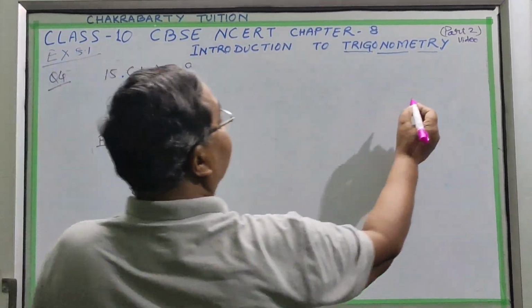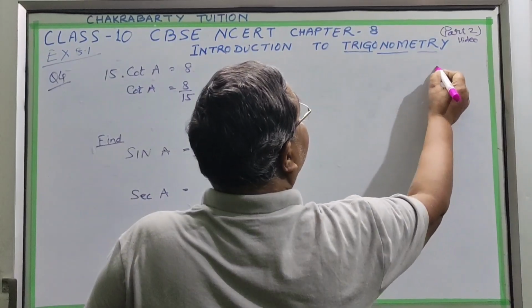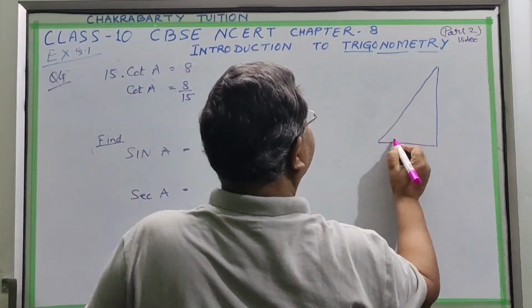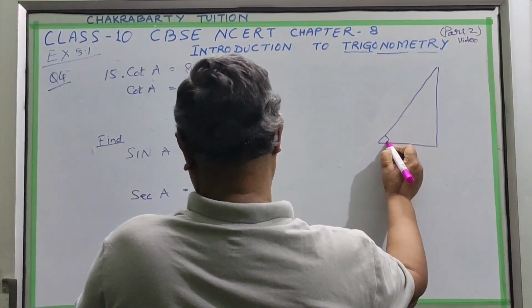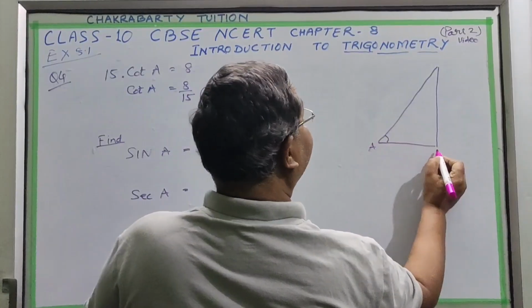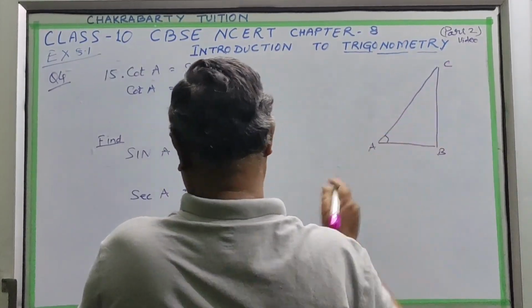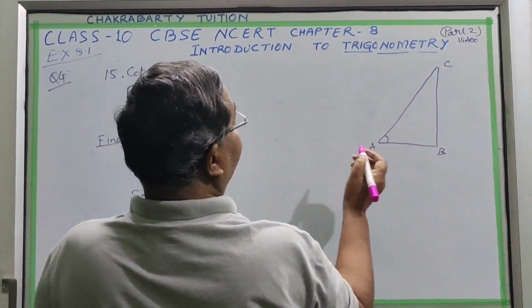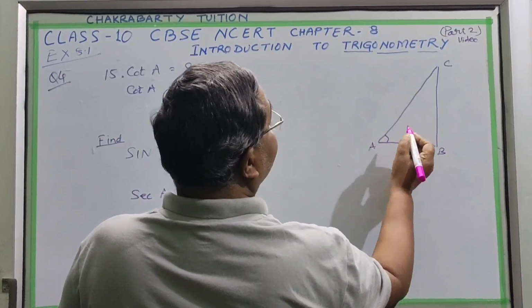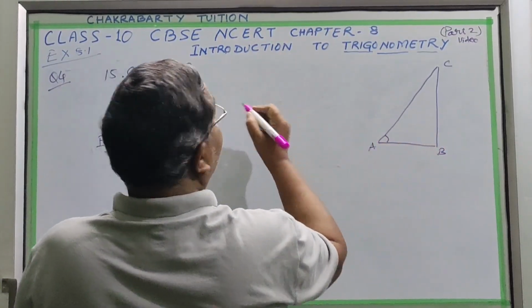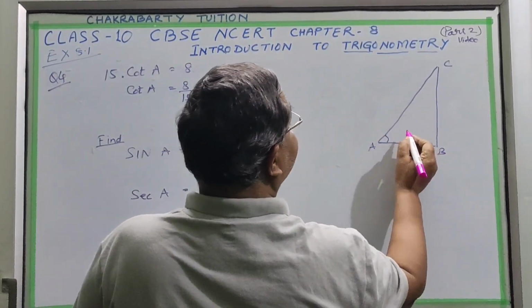Better, first we will make a triangle. This is your angle A, and take the other vertices as B and C. So cot A: you remember our relationship number 6.